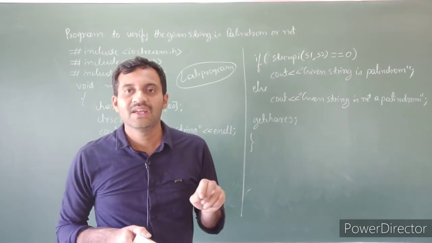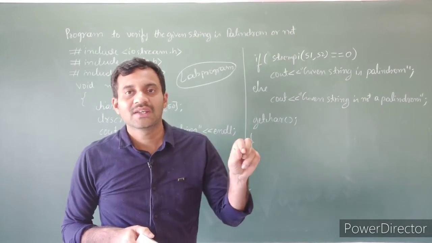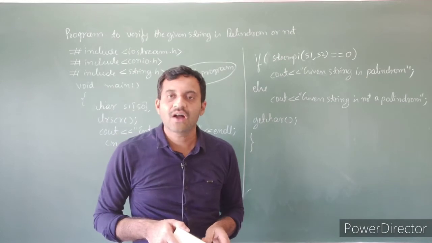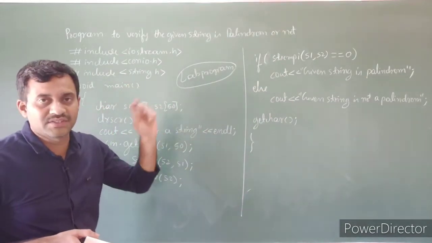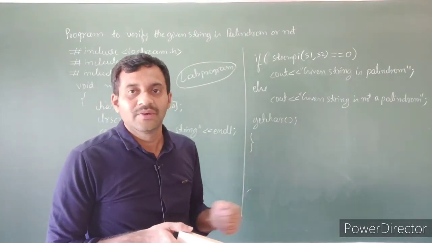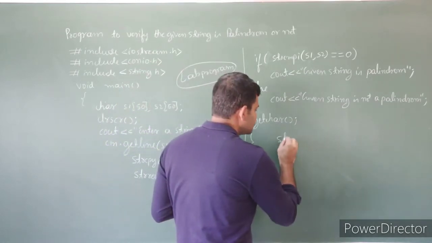The i stands for ignore. So strcmpi is string comparison without case sensitivity. All string handling functions belong to the header file string.h.